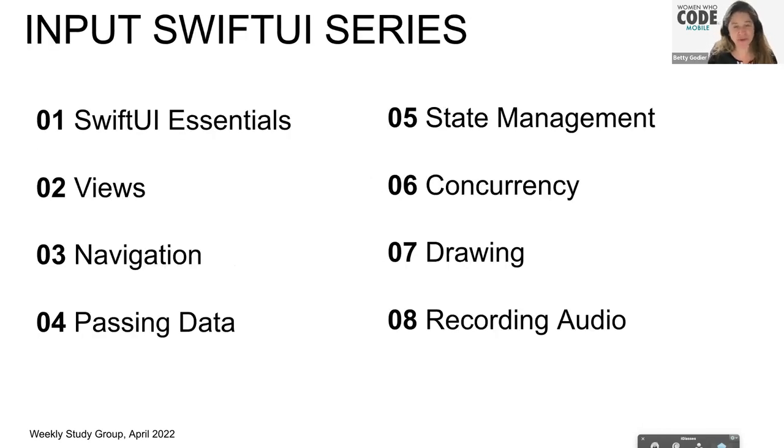What are the inputs of this SwiftUI series? There are 8 inputs, and we try each week to have one input and one chapter. But sometimes it takes more time to do the tutorial.